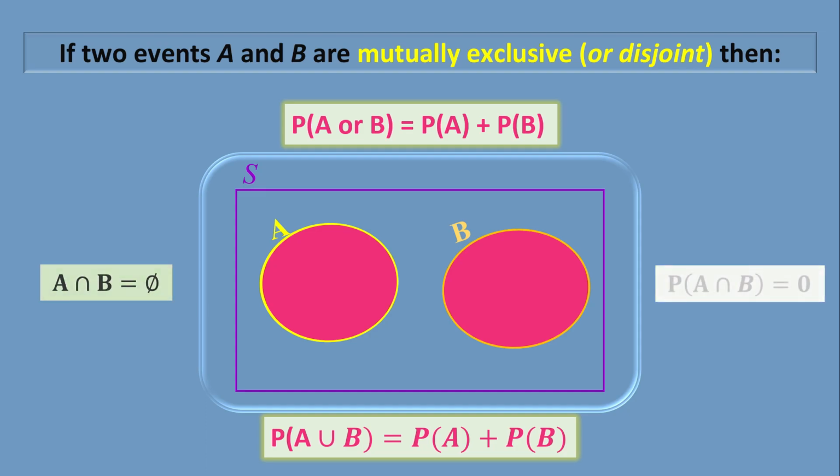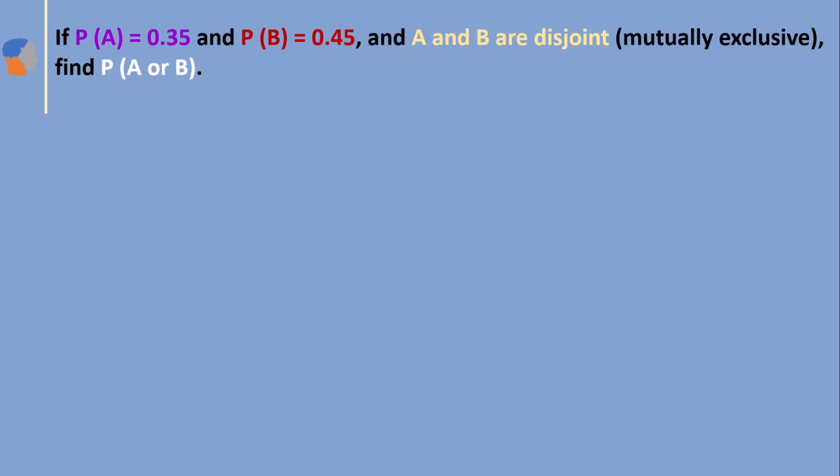Let me explain some examples. If probability of A equals 0.35 and probability of B equals 0.45 and A and B are disjoint, then how do we find the probability of A union B, or we can say A or B?